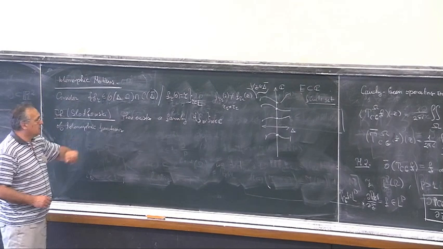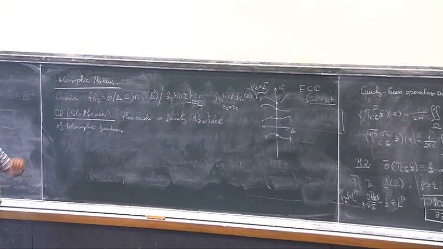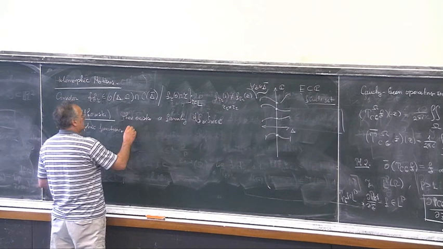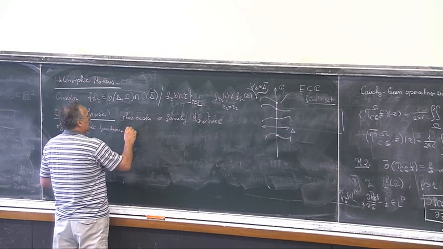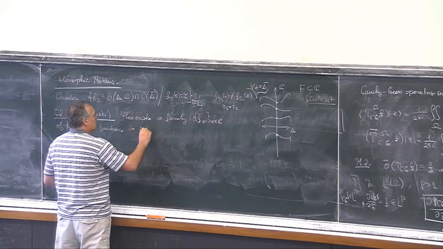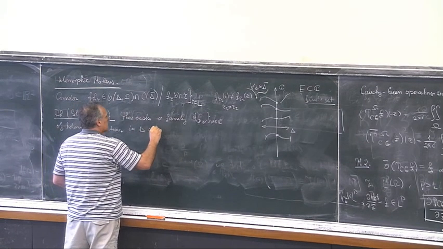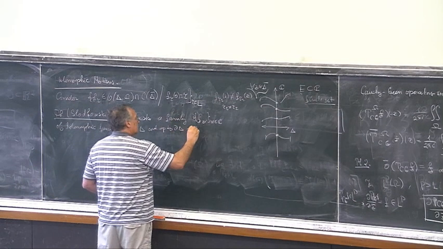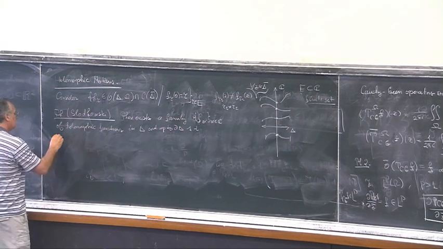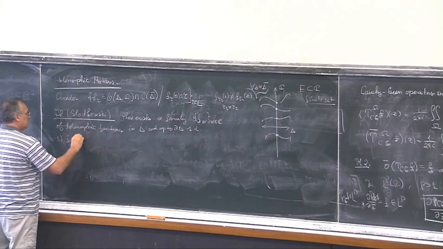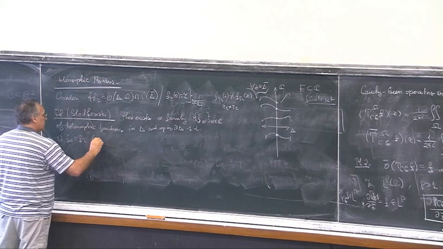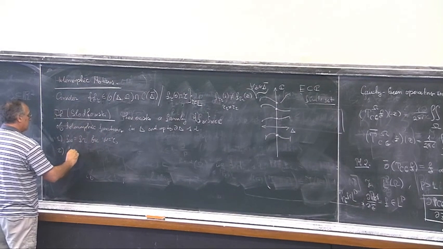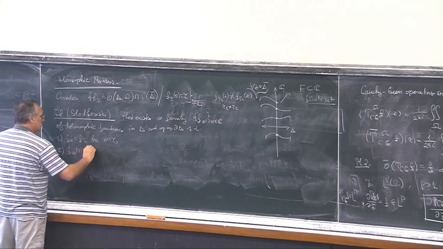So there exists a family, parameterized by the complex plane C, of holomorphic functions in the disk, continuous up to the boundary, such that, first of all, f omega is equal to f tau for omega equal to tau. Second, f omega of 0 is equal to omega.